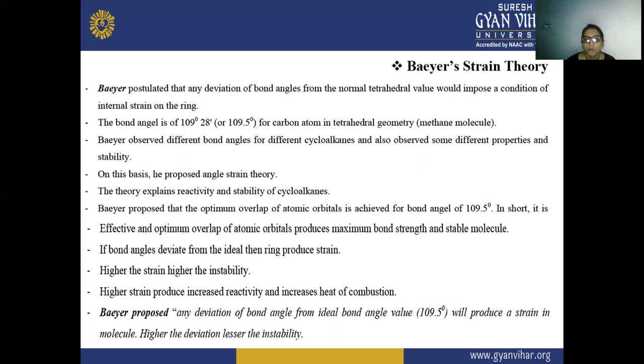Alkanes with a tetrahedral structure have a bond angle of 109.5 degrees, but in cycloalkanes there are different bond angles, and due to these different bond angles there are different properties and stability. This was observed by the scientist Bayer.